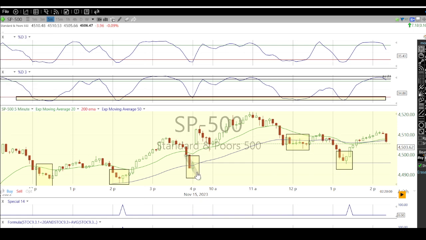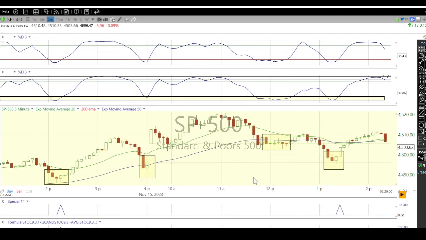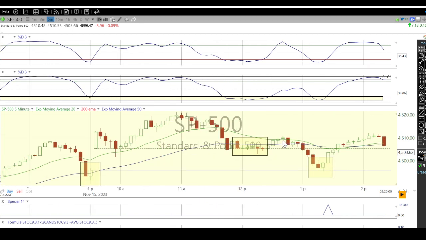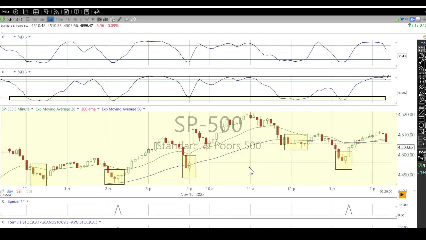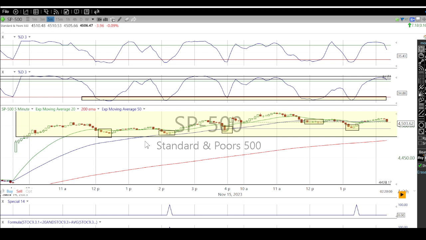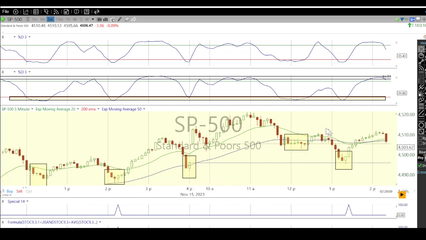Here oversold. That's the end of the day. That's the next day. Here a little move, 3 to 4 points. But the point is being on the right side of the market and not over trading. That is the key. The simplest thing I could tell people is not to over trade. The more time you're in the market, the more time you have a shot of losing.